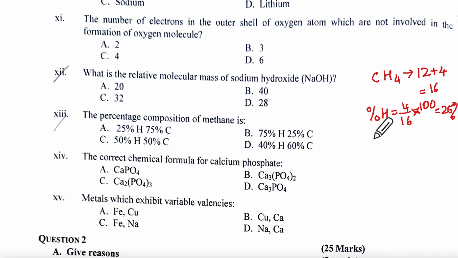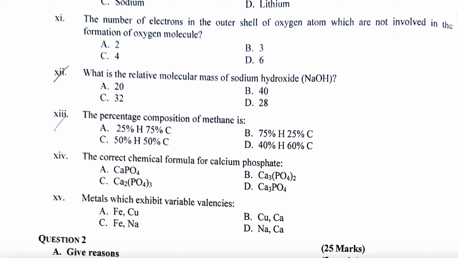Yes, ma'am. And for carbon, what will we write? This is 3/4, which means how much? 75%. So 75% carbon, 25% hydrogen. This is the one, correct? Next one.